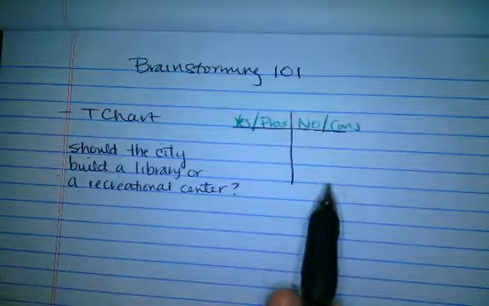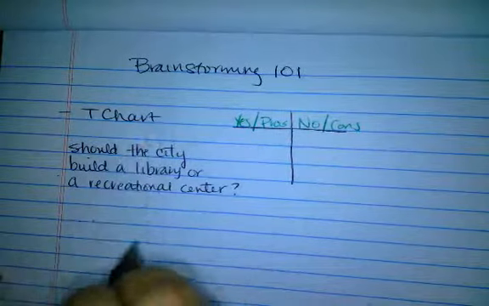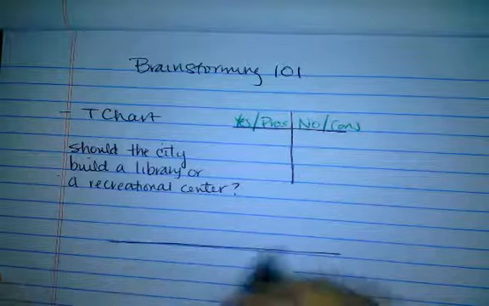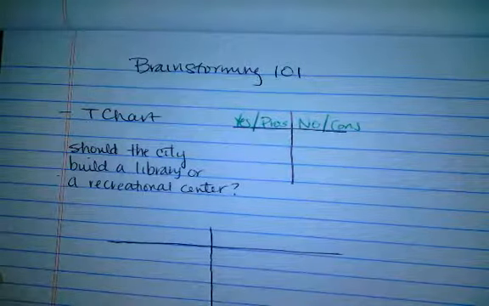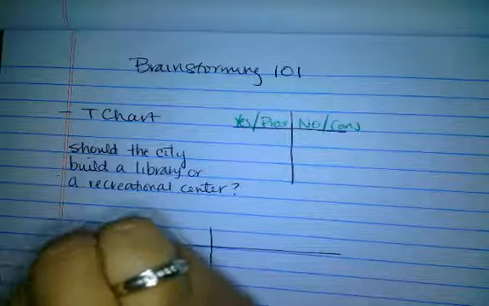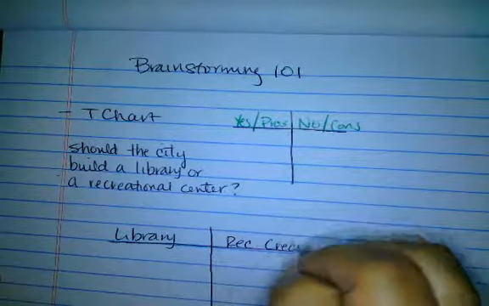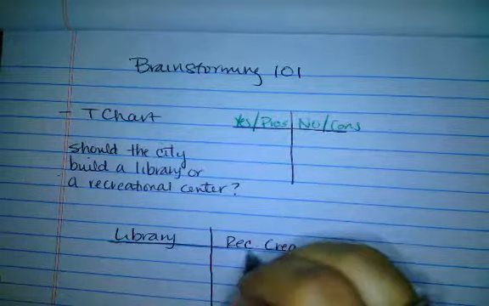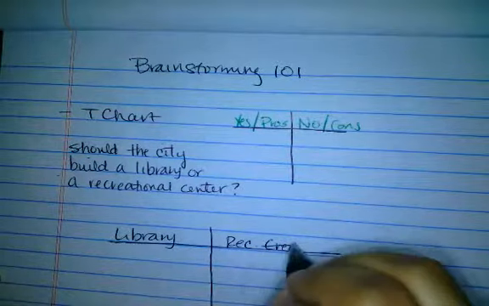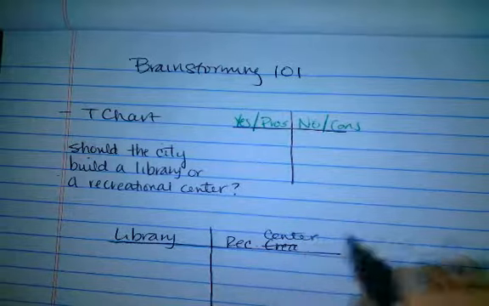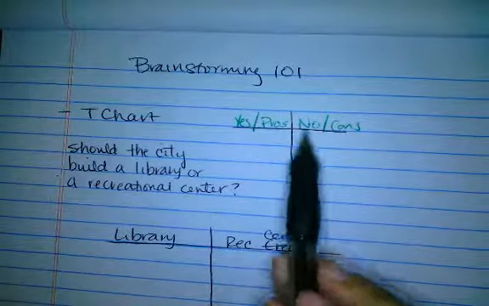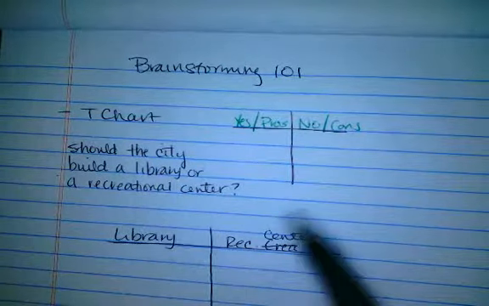We're going to practice with a T-chart. So this was our image for that. So I want you to actually create your T-chart. Over here you're going to put library. Over here you're going to put rec center. Sometimes you're going to get a prompt where you don't choose yes or no. You choose between one thing or the other.